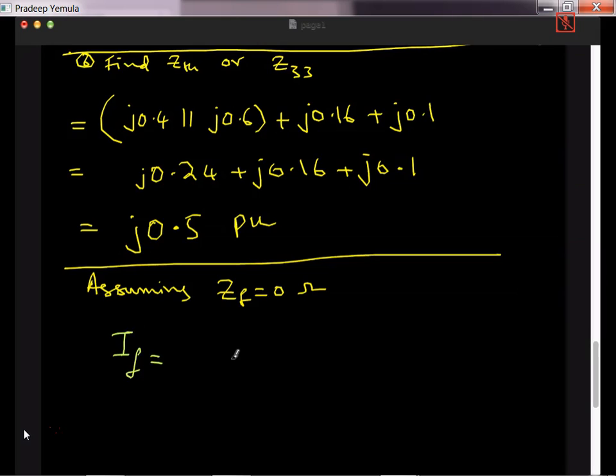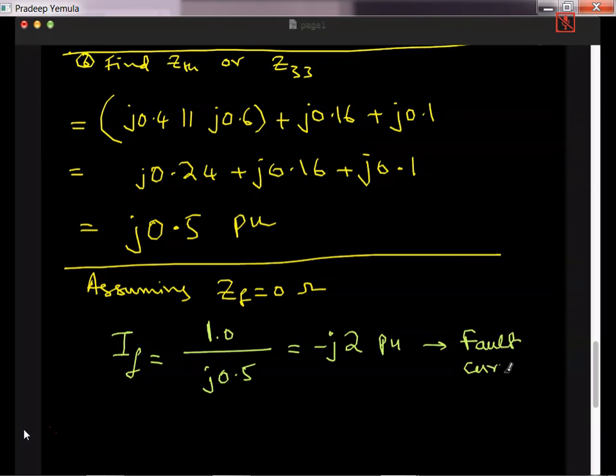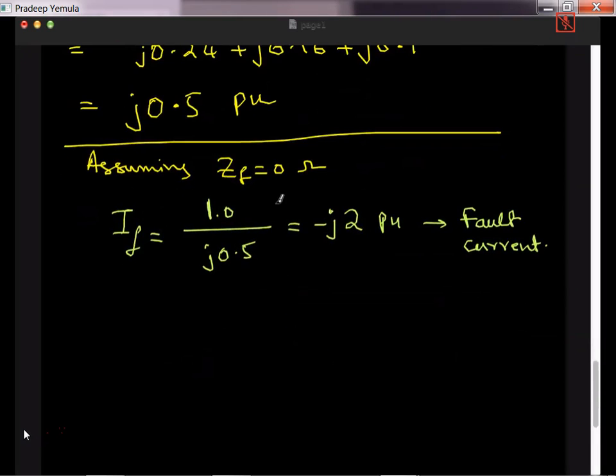I fault is 1 divided by the Thevenin's impedance J 0.5, because 1 is the pre-fault voltage. So finally I get minus J2 per unit as the fault current.